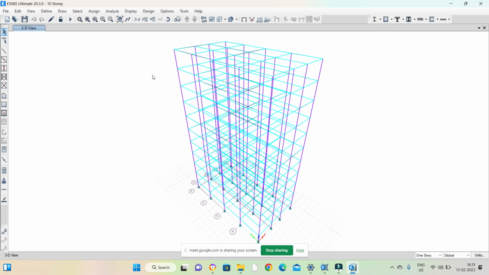Okay, so before discussing the pushover analysis, I would like to know whether it is already discussed in the class or you have some idea regarding the pushover analysis or not. Whether you know at least something about the pushover analysis or you know something in detail. I just want to know whether you have any idea or not.